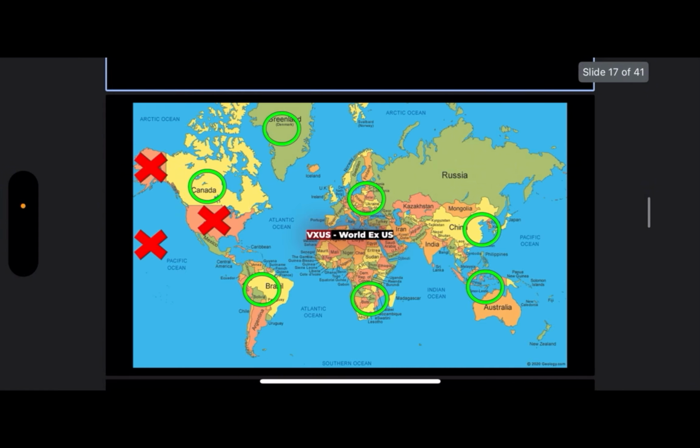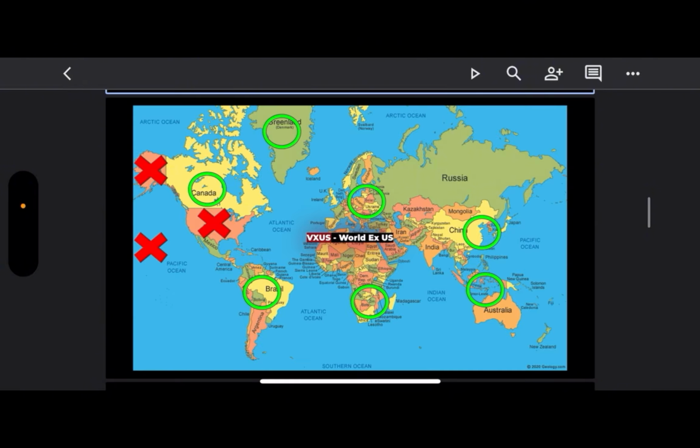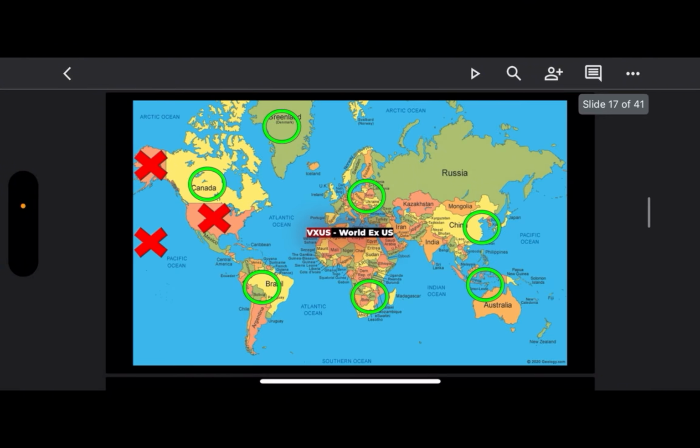Everything is included in VXUS except any companies in the US. Like TSMC, Taiwan Semiconductor, or LVMH, Toyota, Honda, basically those are included in VXUS. So VXUS gives us a quick assessment of the world market except the US.